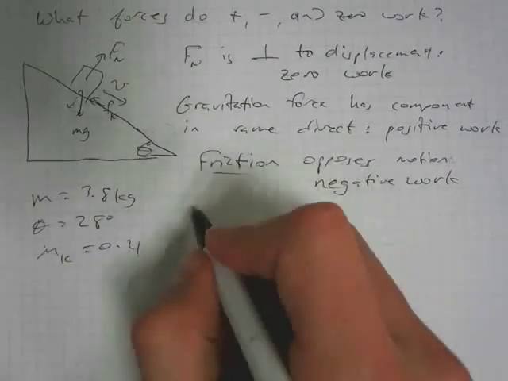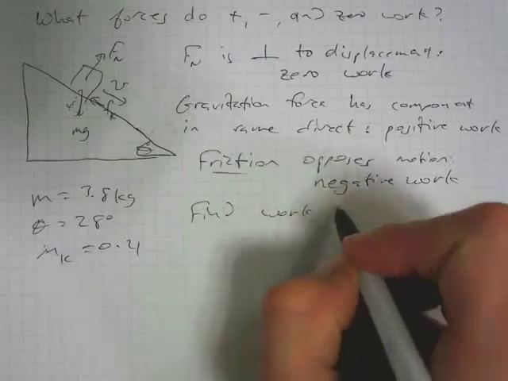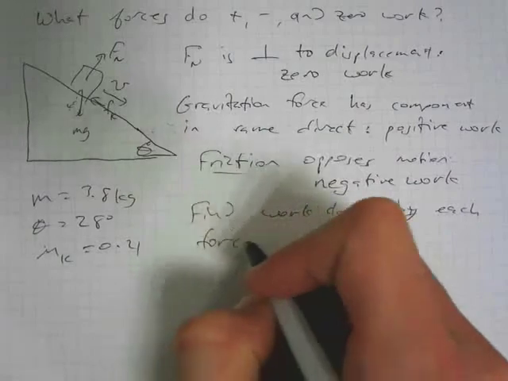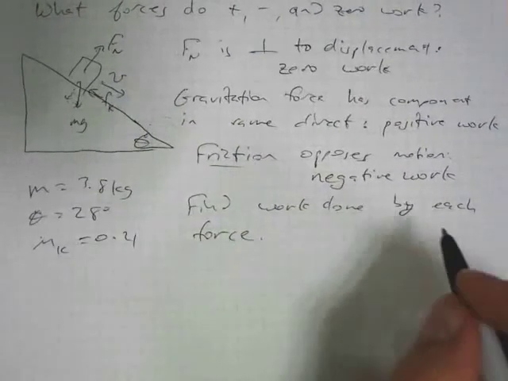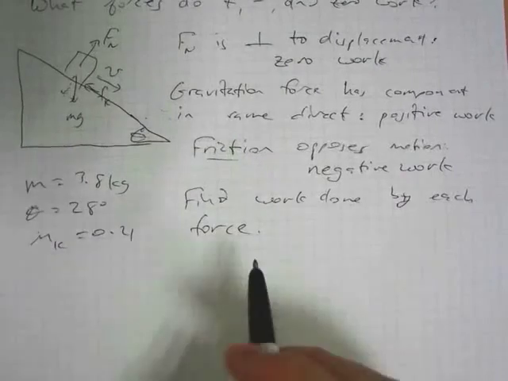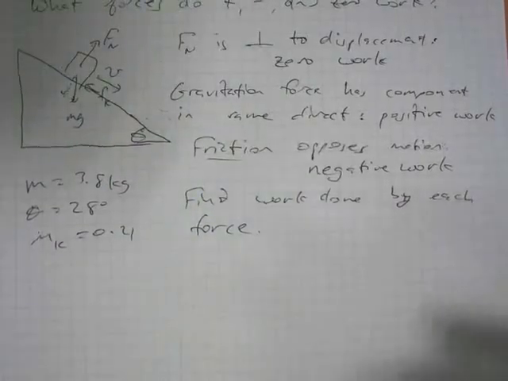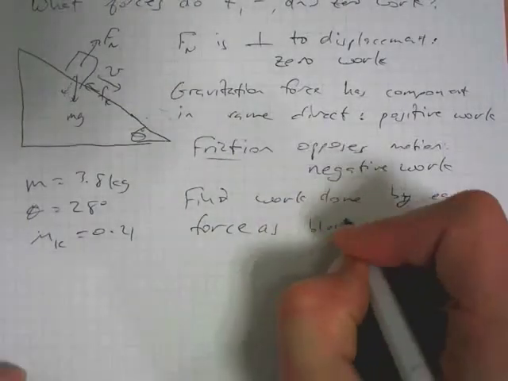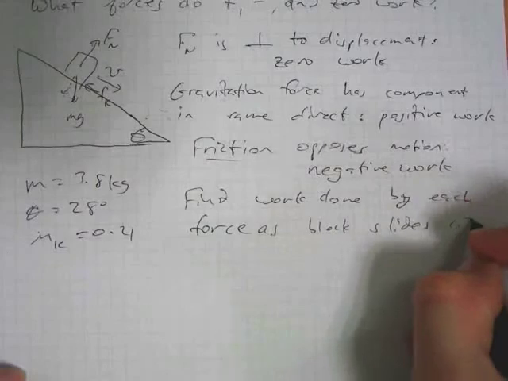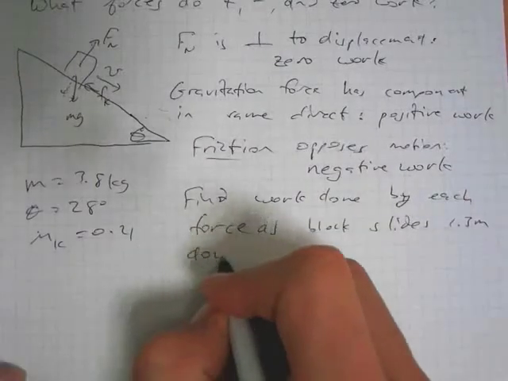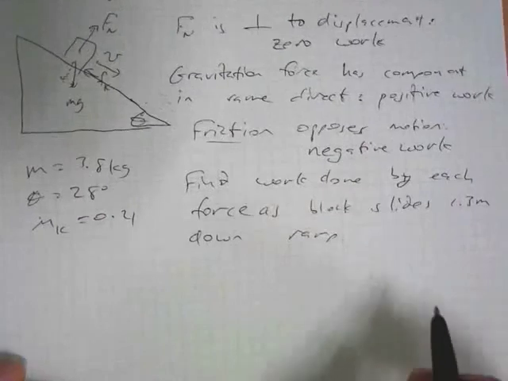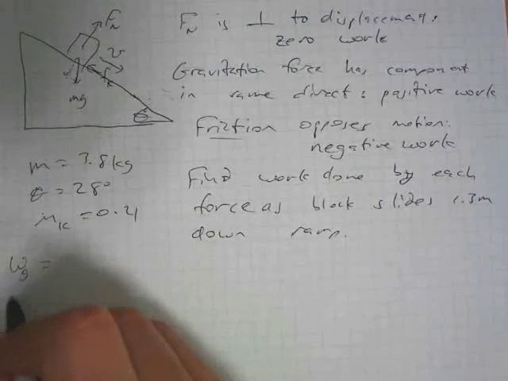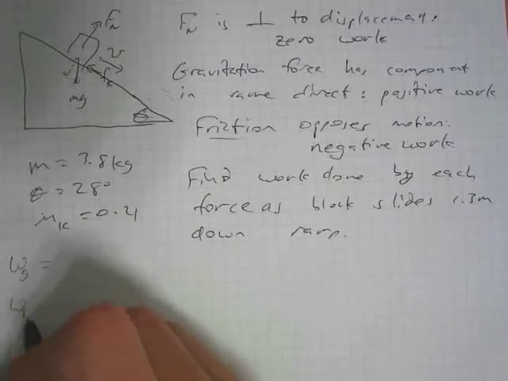I want to find the work done by each force, not just the sign, but the number, the quantitative work done by each force as the block slides 1.3 meters down the ramp. So we can figure out the work done by gravity, the work done by friction, and the work done by normal.